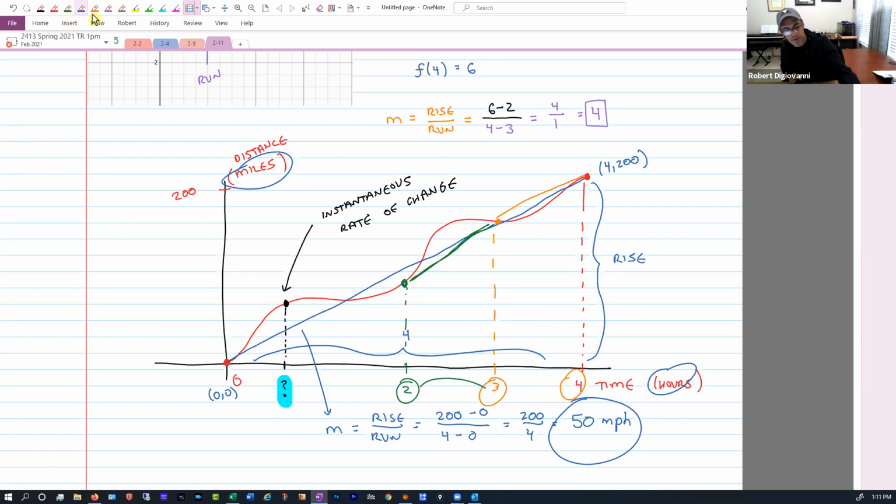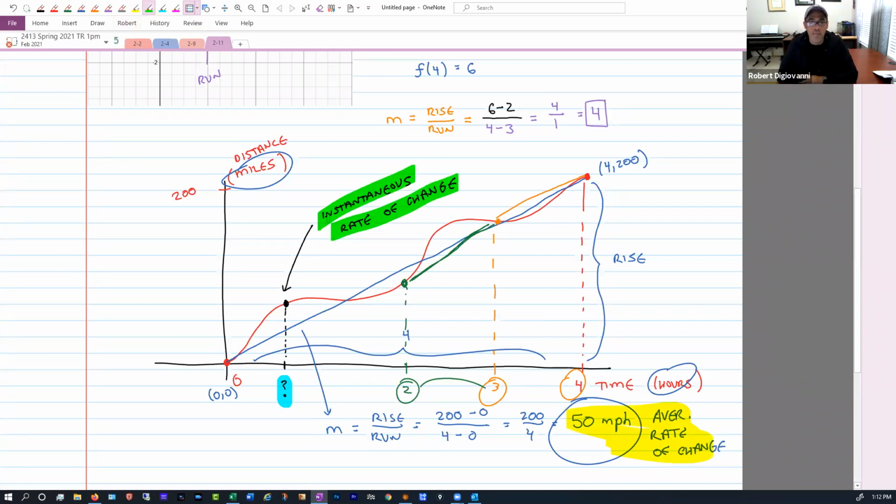This one down here is the average rate of change, because I gave you 2 endpoints, 2 points to figure out, and then you just gave me the slope of the line through those 2 points. Here, we're asking for the instantaneous rate of change, and that's a problem.